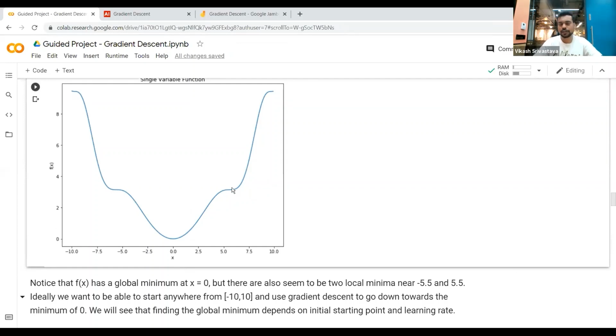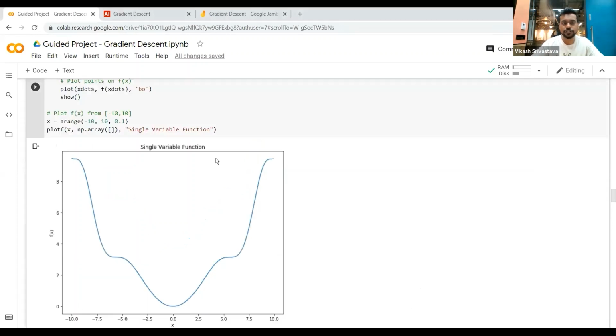As you can see, this function is symmetric across x = 0, which is nothing but the y-axis. So this is the function which we have assumed here.